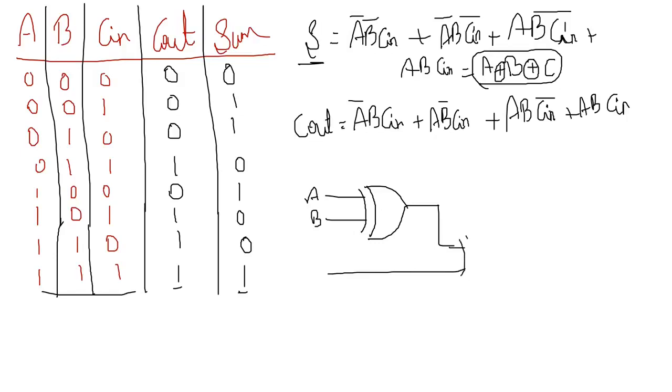Combine it with the output of A XOR B, and this is the output sum. Okay, so let me reduce this carry out using K-map.